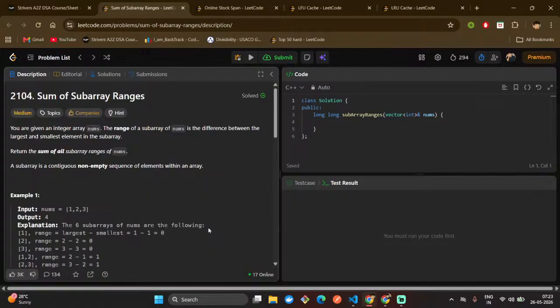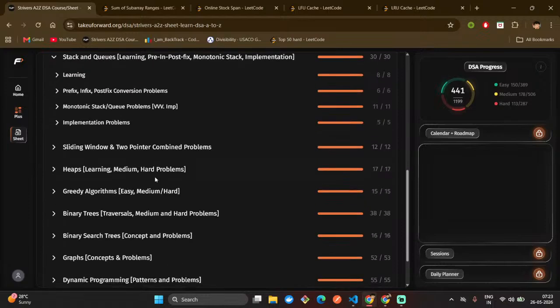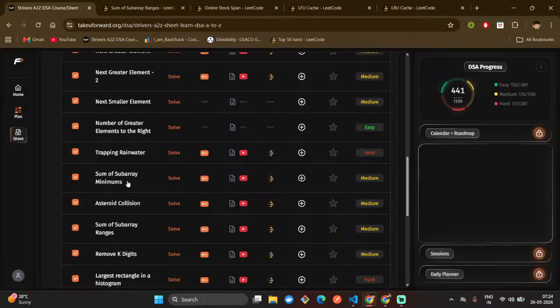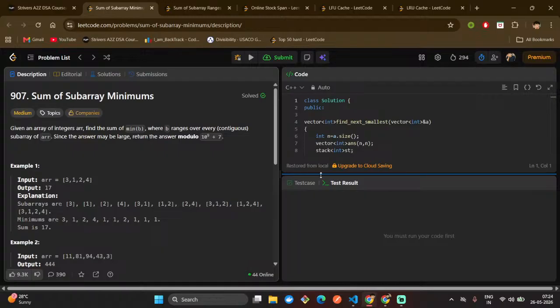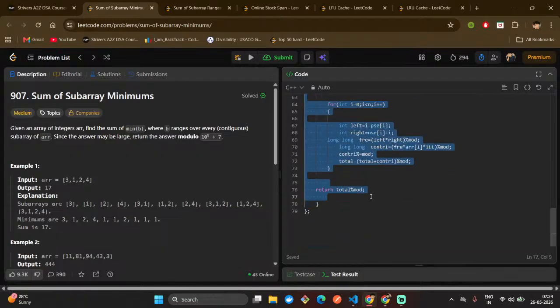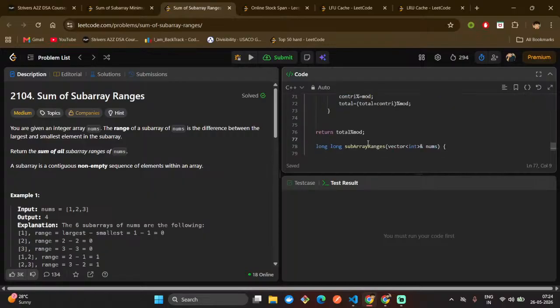We have to find where the sum of the ranges of the maximum is. We just copy from here, whole copy, and paste it out here.